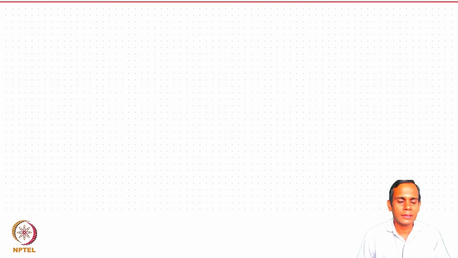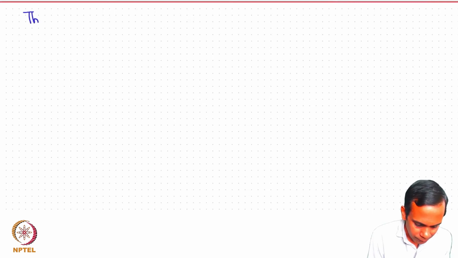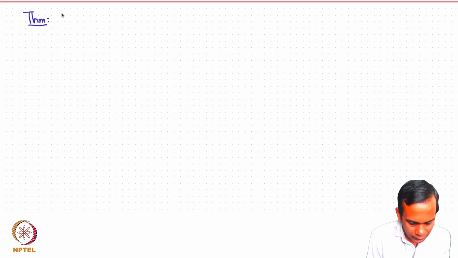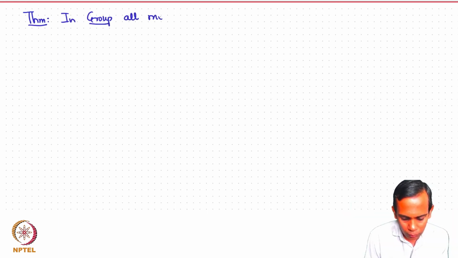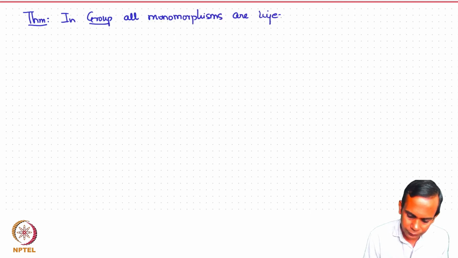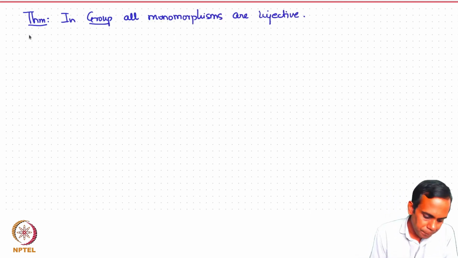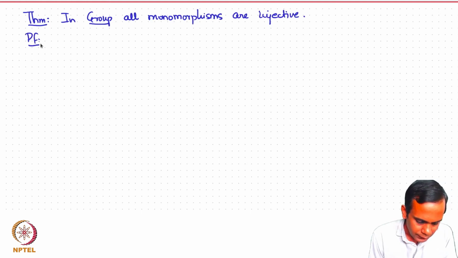There are categories where all monomorphisms are injective. Here's an example of such a thing. Theorem: in the category of groups, which I denote Group, all monomorphisms are injective. So let's try to prove this.